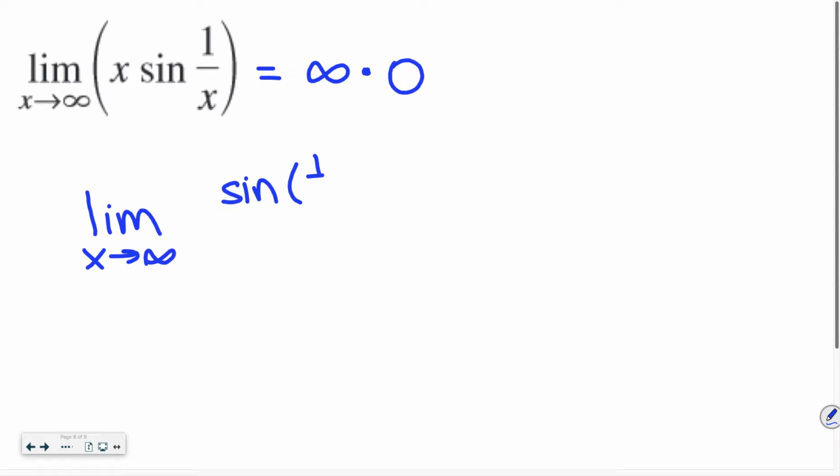I'm really kind of stuck with the sine, but if I wanted to make a fraction, we can make it 1 over x in the denominator. If it's easier for you to see this way, this is x to the first power. If we move it across the fraction bar, it becomes x to the negative first power.